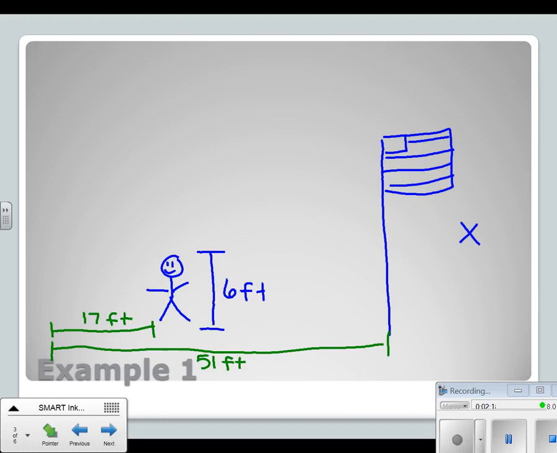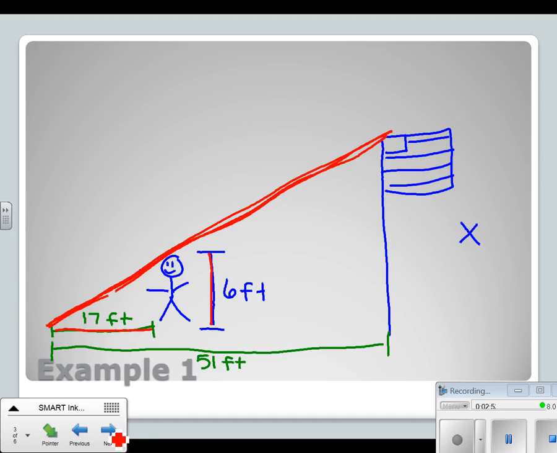And what happens is we draw a line coming down here, like a ray of sunshine coming down. What we see here then are two triangles. The first one is formed by the height of the person, the red line, and the shadow.